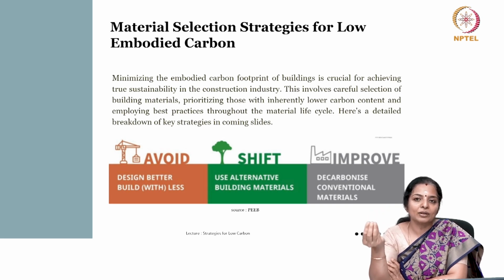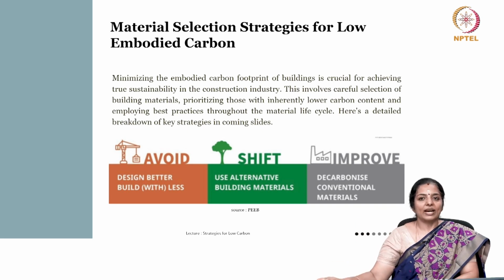Materials such as aluminum, steel, concrete and bricks have high embodied energy. What role do you have in lowering the embodied energy of that building by using alternate materials? That is something you have to think about. But let us look at the other strategies to come.